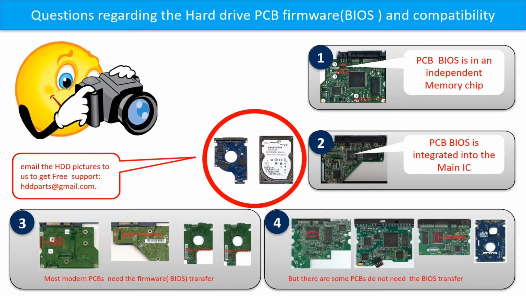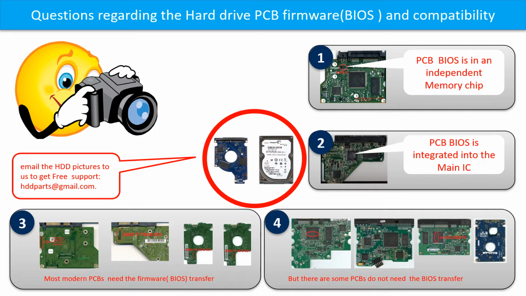Some PCB firmware is in an independent memory chip, as picture 1 shows. The memory chip may be 1 or 2. Some PCB firmware is integrated into the main IC, as picture 2 shows.